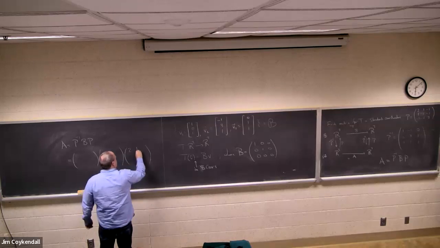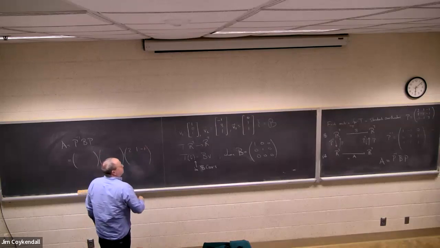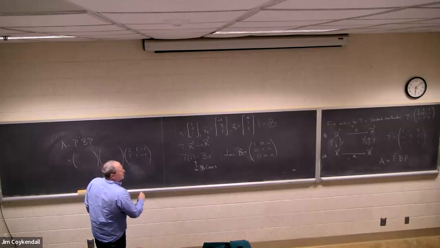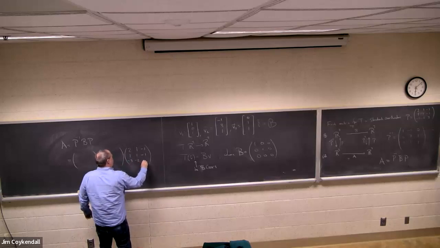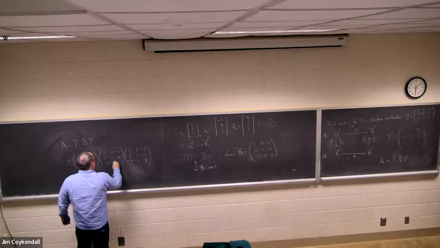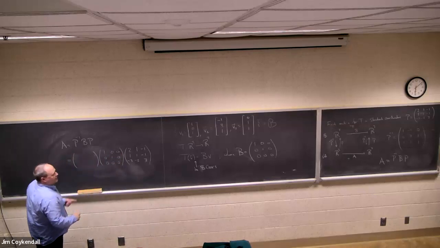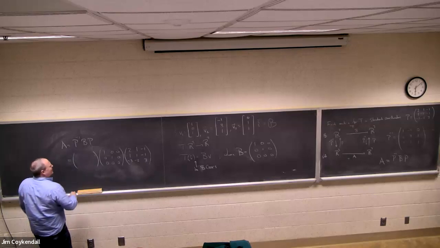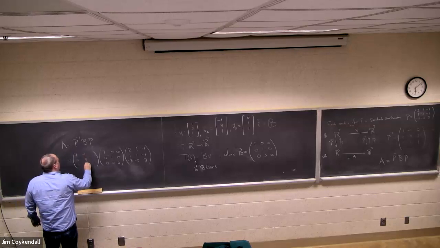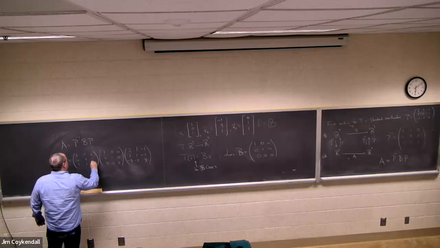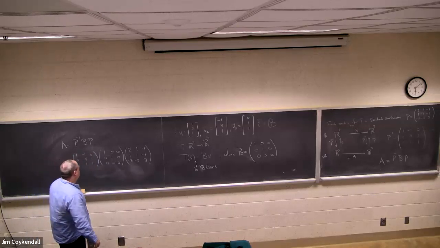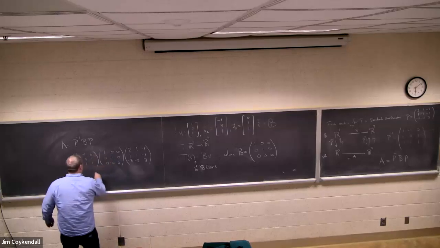And P inverse is this one: 1, 0, 1, -1, 3, 1, 0, 1, 1. Am I okay with it? So let's multiply these two first.